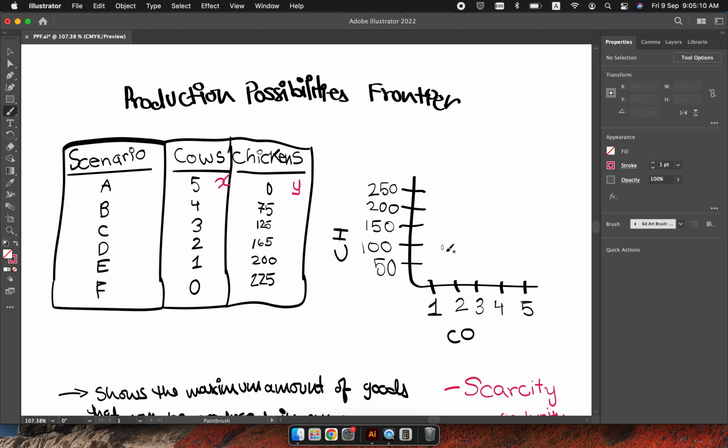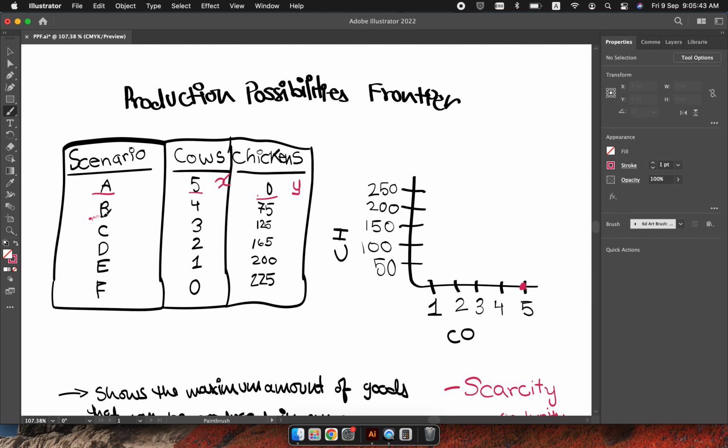So we're going to have to plot each one of these scenarios on the curve. So in scenario A, we have 5 cows, but 0 chickens. So the farmer would rather keep 5 cows and 0 chickens and is allocating all his resources to his cows. So that would be here.